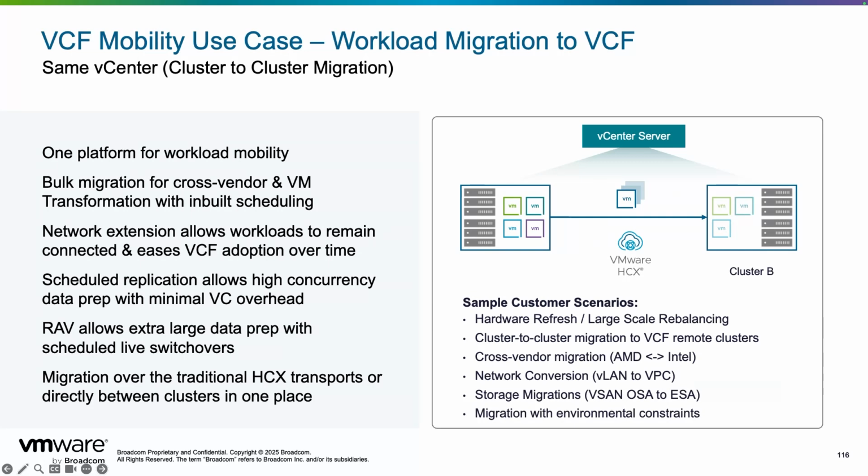Specifically, the HCX bulk migration type helps with this migration. It does force a VM reboot, but the customer can do a very large scale migration, up to 1,000 virtual machines at a time, while still having the option to keep IP addresses and MAC addresses, and migrate from VLAN-based to NSX or VPC-based networks, or even between VLAN networks.